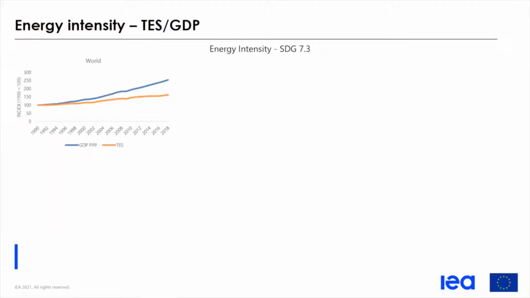The figure on the left side shows us how primary energy use and GDP have changed globally over time relative to a normalized year of 1990. As you can see, GDP and total energy supply are decoupling, and this can be due to several reasons such as structural changes and efficiency improvement.